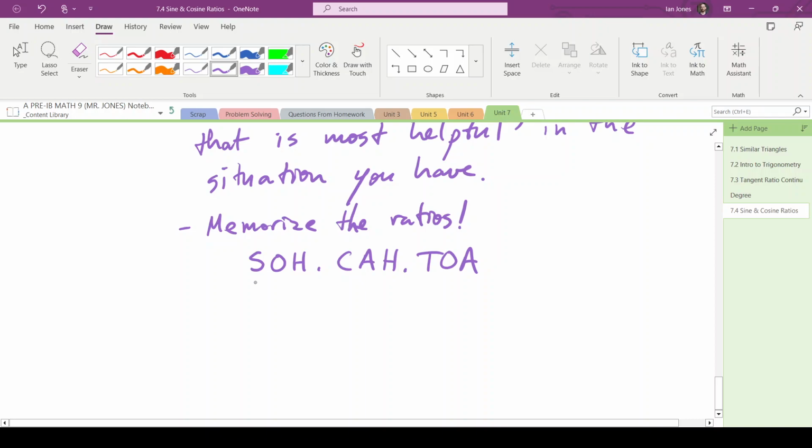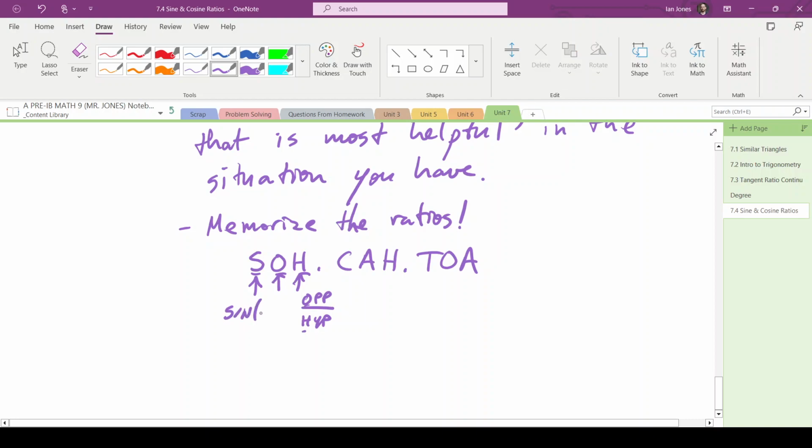And what it stands for is, it says sine, the sine ratio is opposite over hypotenuse. Right? The first letter of each thing there is given. Now, it's actually wrong to just put sine equals, because sine is a function.